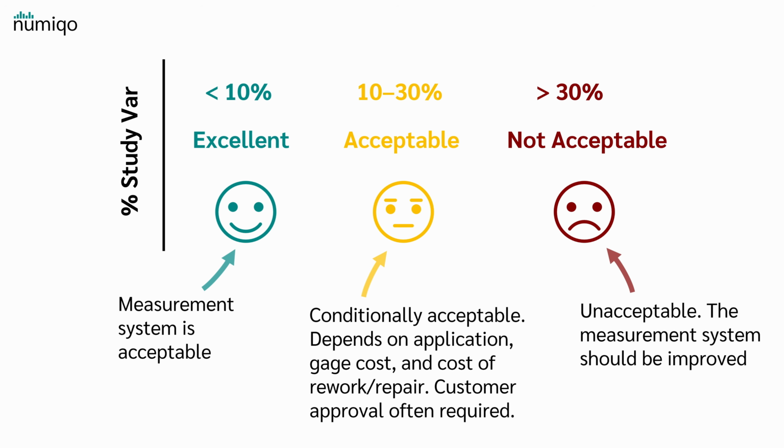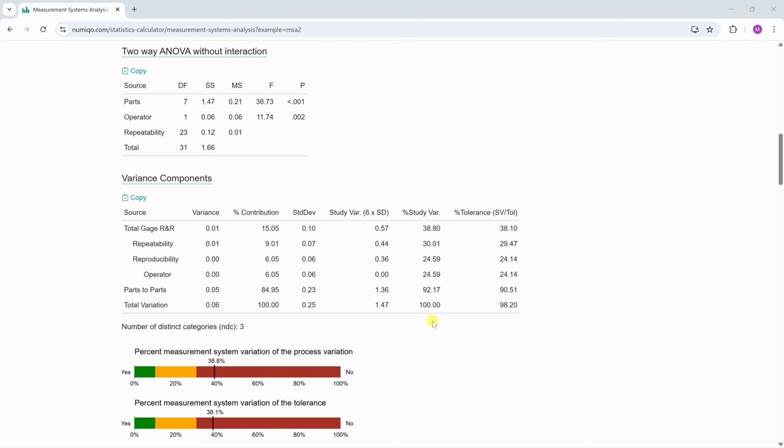And above 30%, unacceptable. The measurement system should be improved. So according to the acceptance criteria, our measurement system would be unacceptable. Our value is above 30.